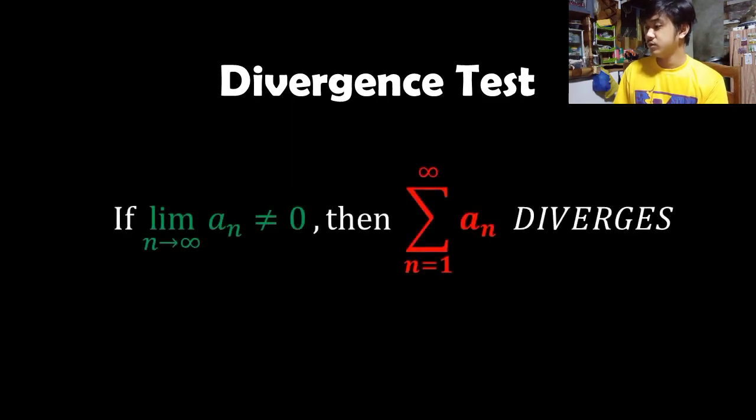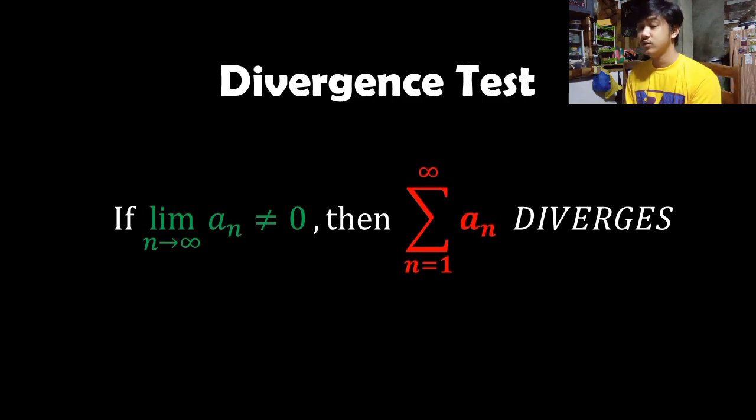So what we have here is the definition of the divergence test. The divergence test tells us if the limit of a sub n as n approaches infinity is not equal to 0, then the infinite series as n goes from 1 to infinity of a sub n will diverge.